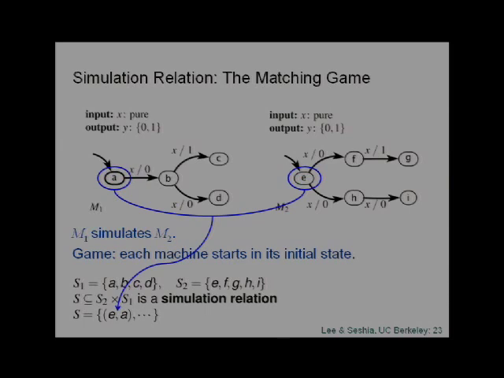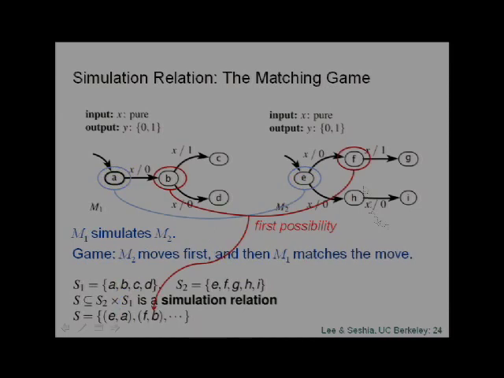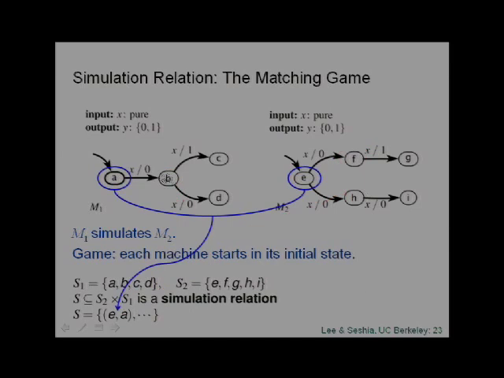Now for the next step, let's say X is present. This moves to B and this moves to either F or H. So the question is, if M1 simulates M2, does B behave the same as F, and does B behave the same as H? Let's look at the first case, B and F. If I provide an X in B, it can either present a 0 or a 1, and if I provide an X in F, then it'll generate an output of 1.